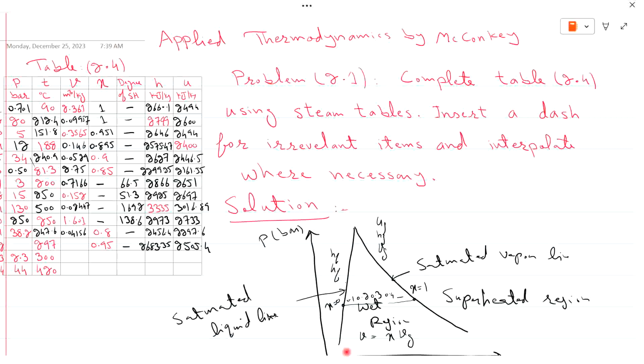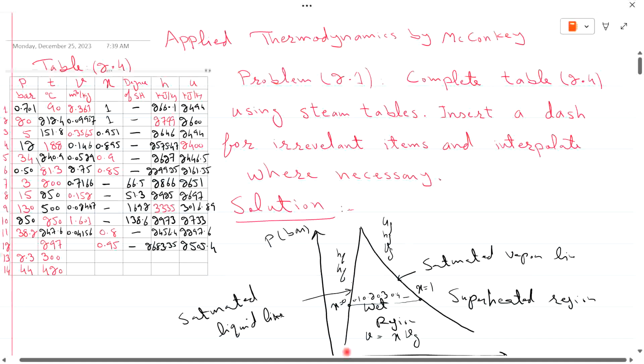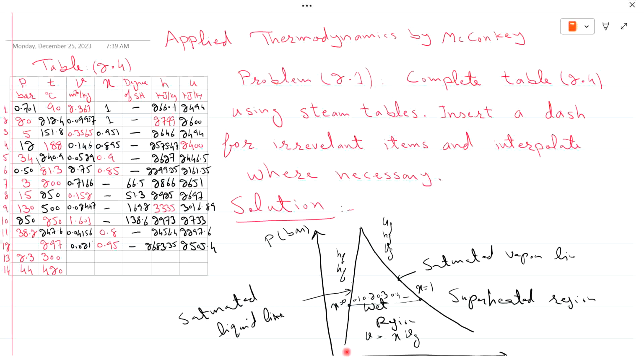Degree of superheat is not defined in the wet region, and specific volume is 0.0216, temperature is 297, and pressure is 82.38 bar. Now in row number 13, pressure is given as 2.3 bar and temperature is given as 300 degrees centigrade.